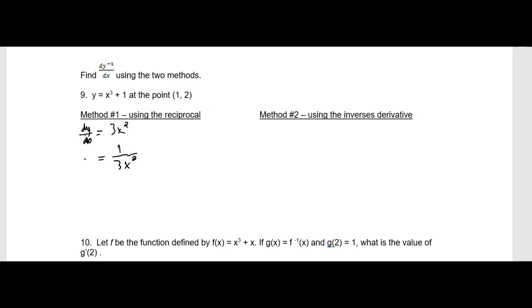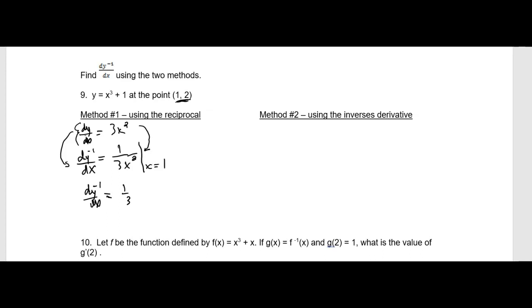One of the properties of a function and its inverse is the derivative and the derivative of the inverse are simply reciprocals of each other. By simply taking the reciprocal of the original derivative, that will give us the derivative of the inverse. So our derivative magically becomes the derivative of the inverse by finding our reciprocal. We then would evaluate that at x equals whatever the x value is at this point, which is a 1. So we would say the derivative of our inverse for this problem is simply 1/3.